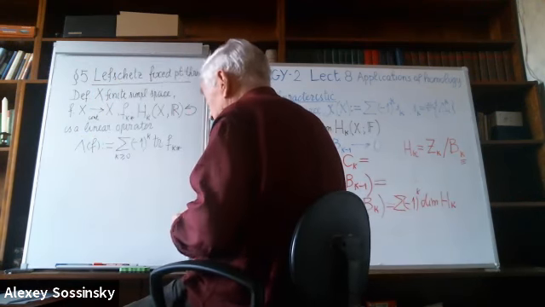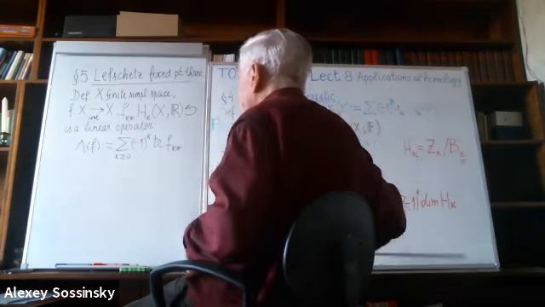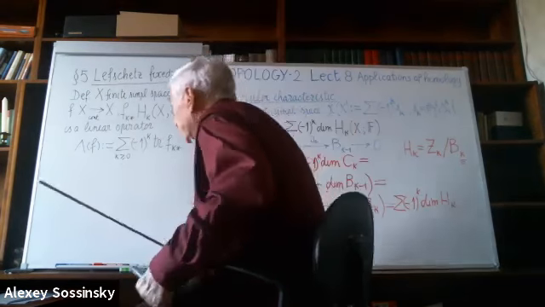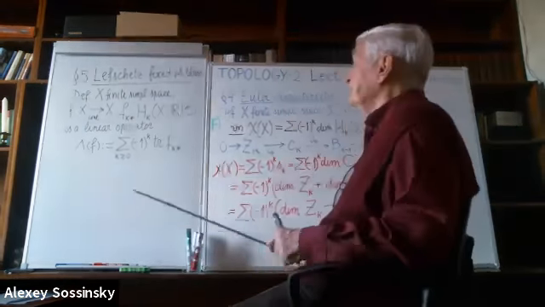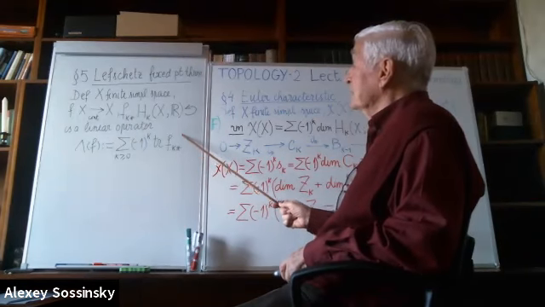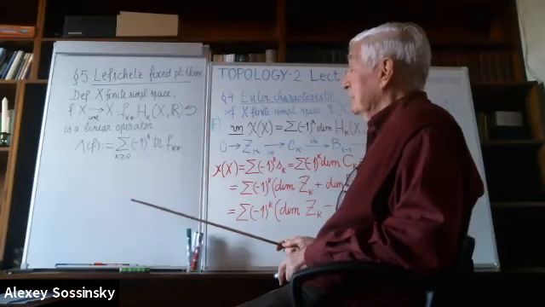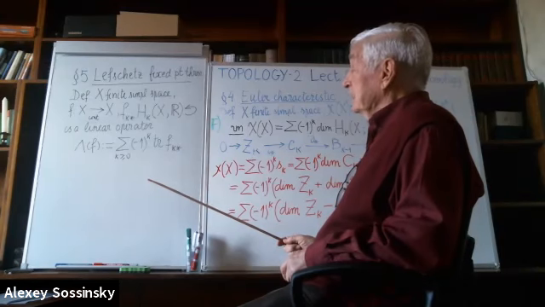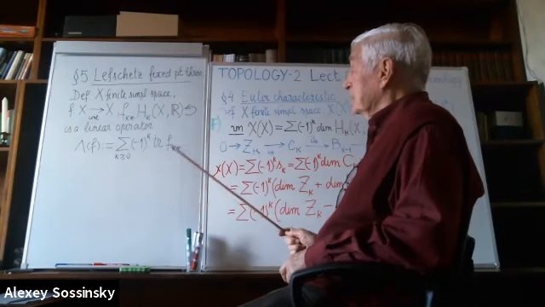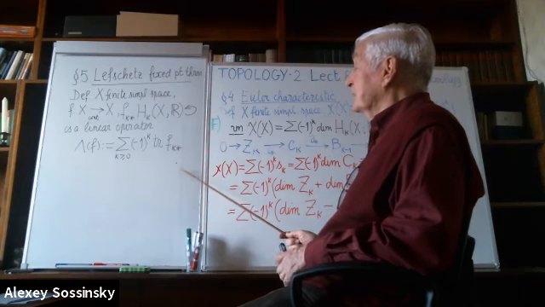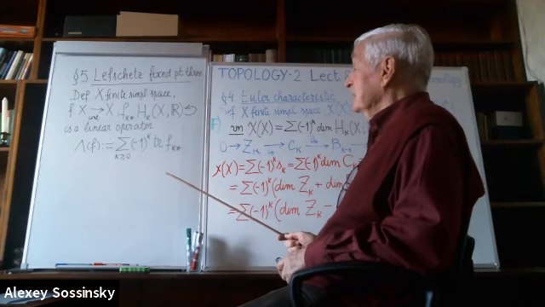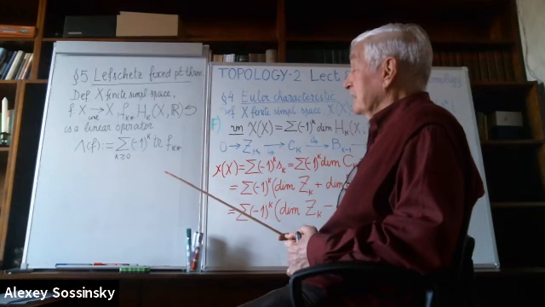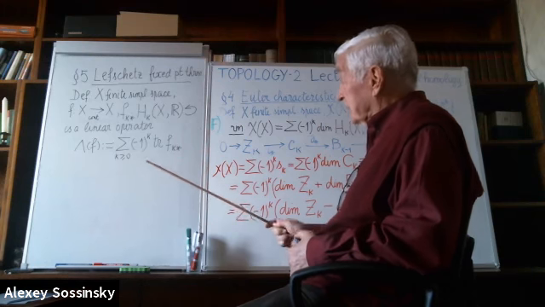So let me remind you of the definition of a trace of a linear operator. Well, if the operator is given in a fixed basis, then it is defined by its matrix.